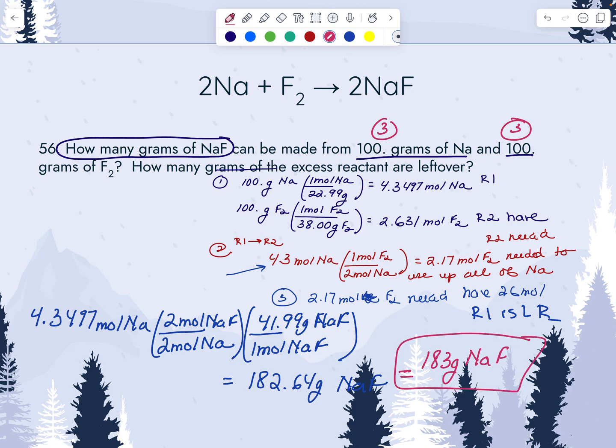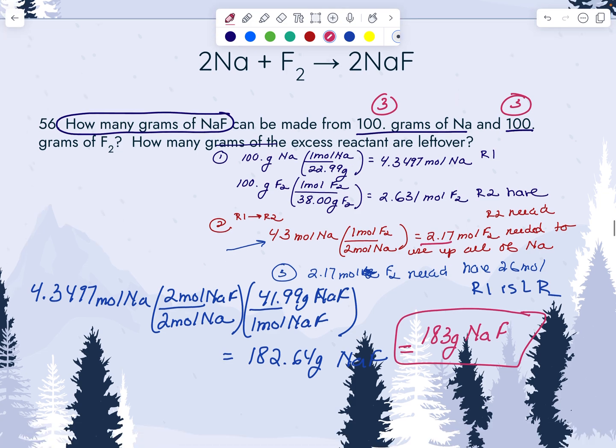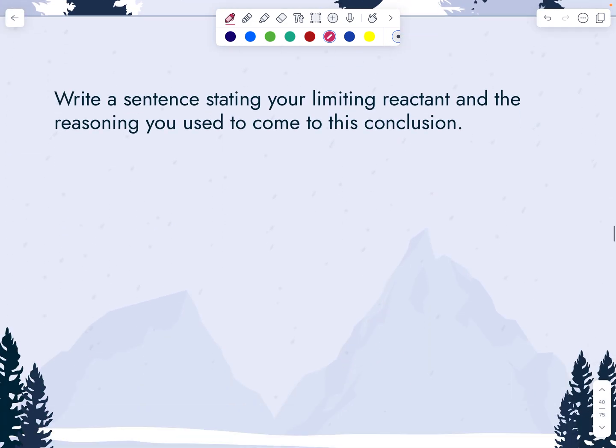So now I've answered that question, right? How many grams of sodium fluoride can be made? I figured out first that I would have more than enough fluorine to use up all my sodium. I would need to use 2.17 moles of fluorine, and I have 2.6. So using up all my sodium, I could make 183 grams of sodium fluoride, right?